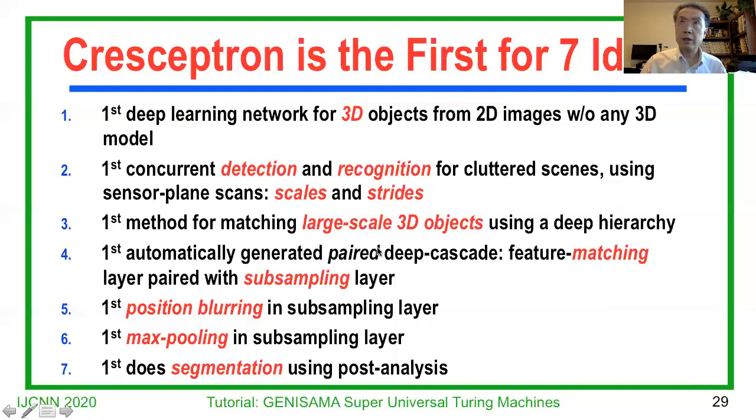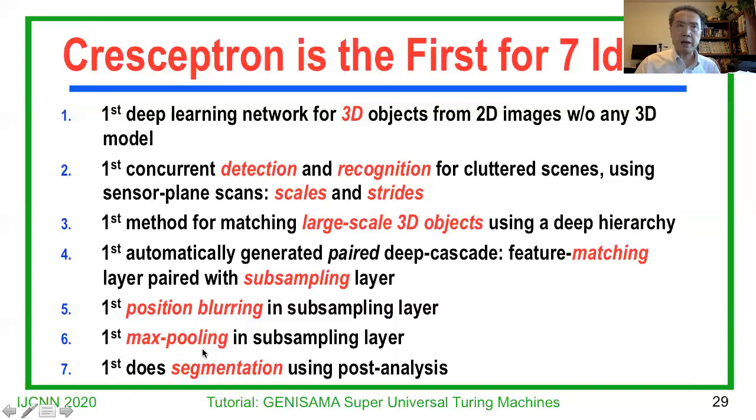Number 4 is the pairing of feature matching and subsampling. Fukushima used handcrafted features, so he did not need to do subsampling. Cresceptron is the first to do subsampling automatically. Number 5, position blurring. Some people use a weighted sum, whatever, this is position blurring. They did not cite Cresceptron.